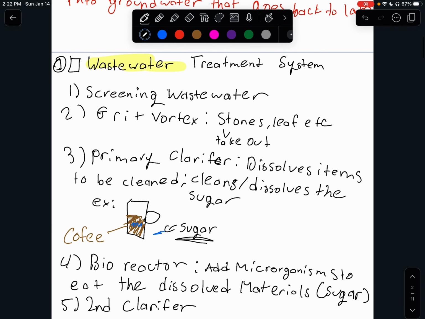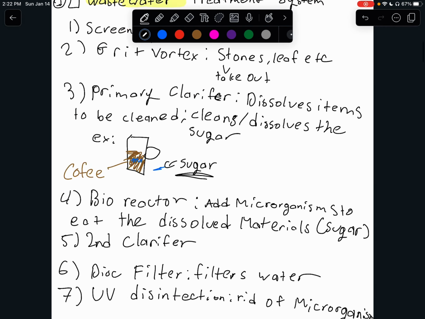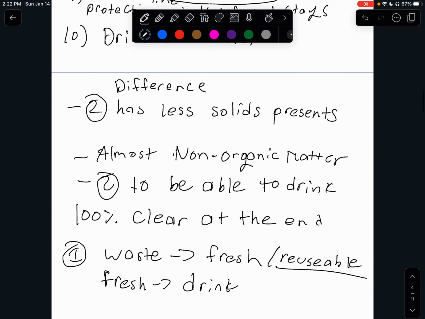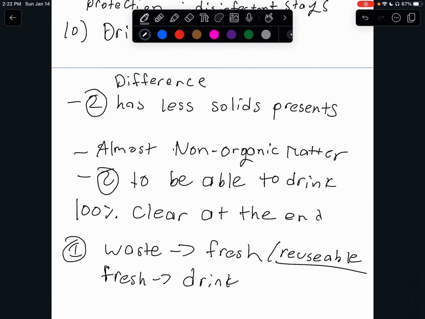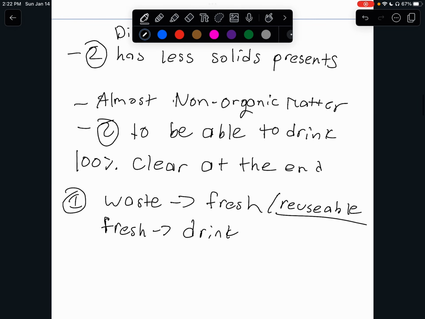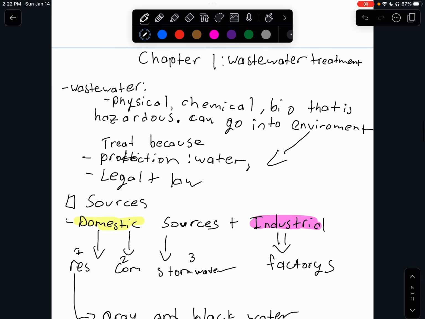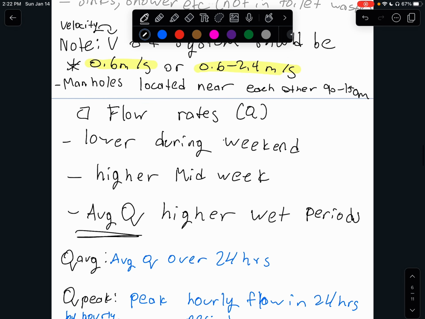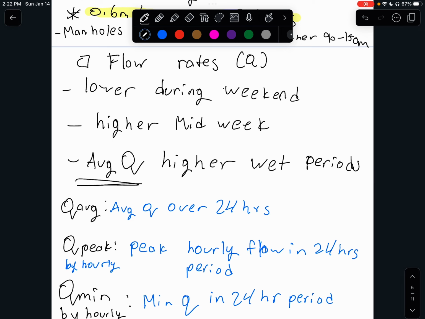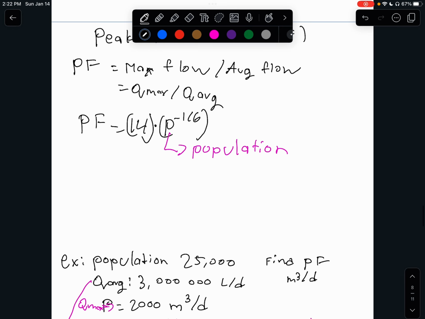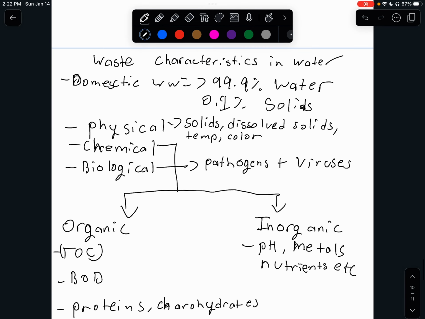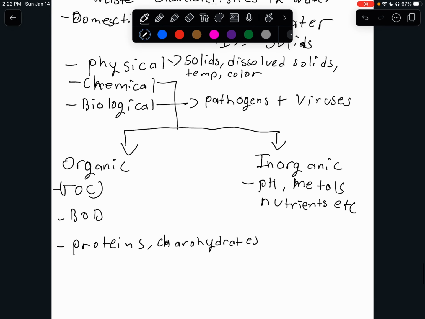We defined two different systems, our waste treatment system, as well as our drinkable water treatment system, right? Differences include being able to drink, and differences from waste to reusable, from reusable fresh water to drinking water. We characterized some domestic sources of wastewater. We'll be focusing on flow rates of systems, as well as what we're designing them for, peak factor of our flow rates, as well as characteristics in water that we might need to look out for.